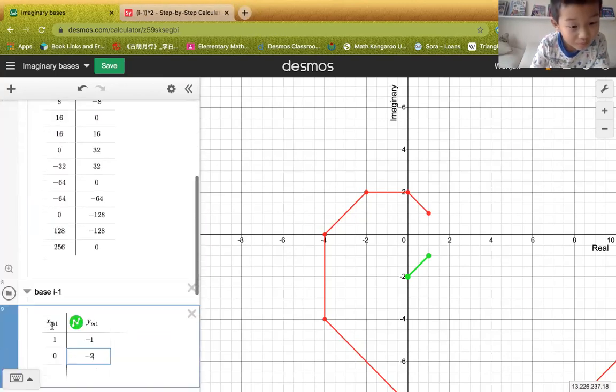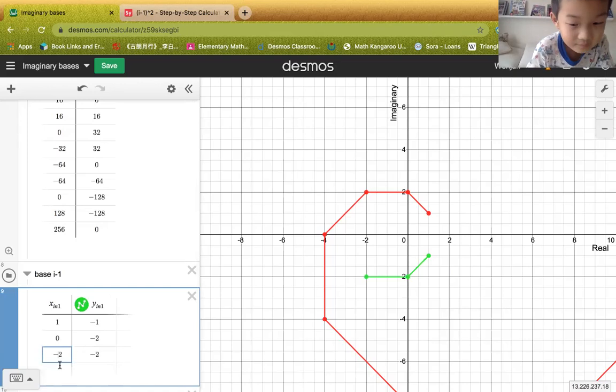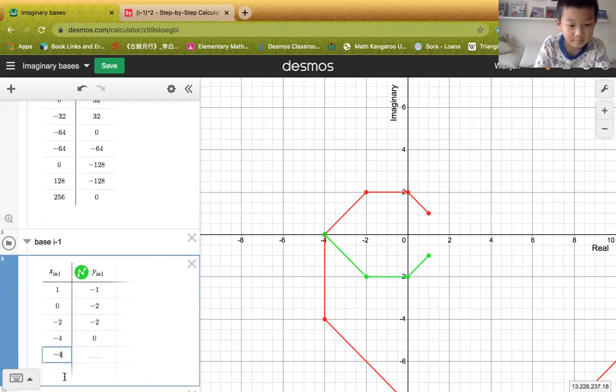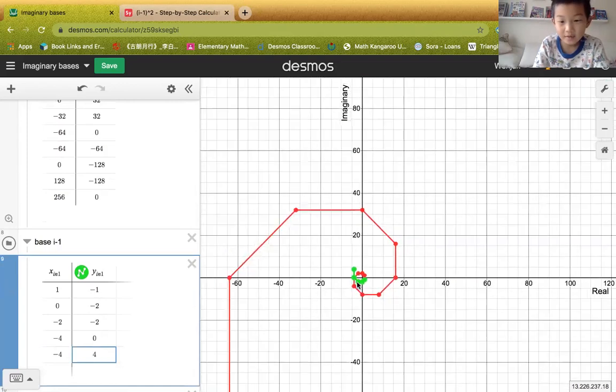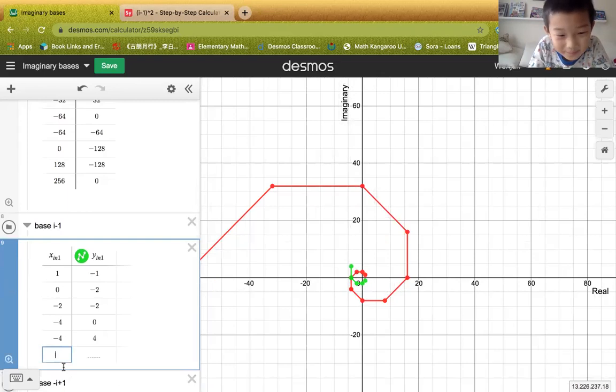Gee. This doesn't look right. Minus 4, 0, 0. Got it. It goes up instead of going down this time, but it's still a fractal, remember?